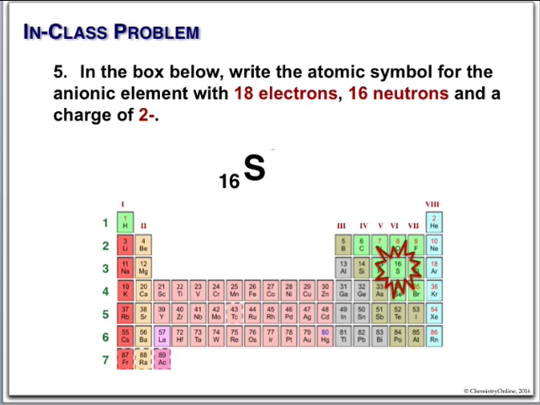So we have 16 protons, 16 neutrons. We're looking at 32. And finally, to make the symbol complete, you have to put the charge. If there's no charge, you just leave it blank. If there's a charge, you put it on afterwards as a superscript, and that's -2.